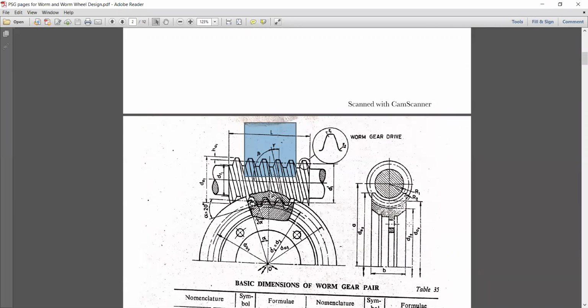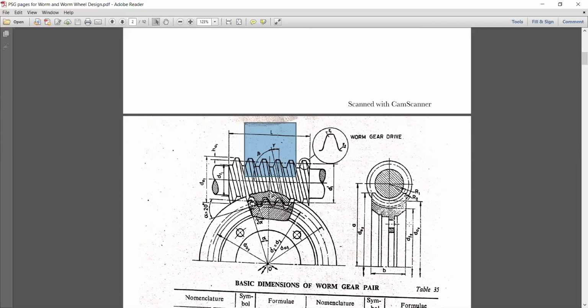The helix angle is made by the helix with the axis of rotation, generally not more than 45 degrees, but since the shafts are perpendicular, there is helix angle beta 1 for the worm and beta 2 for the gear. So the combination beta 1 plus beta 2 is equal to 90 degrees.